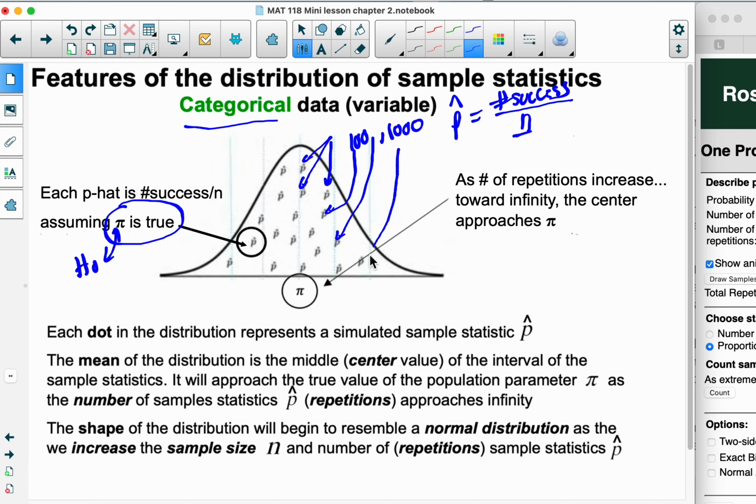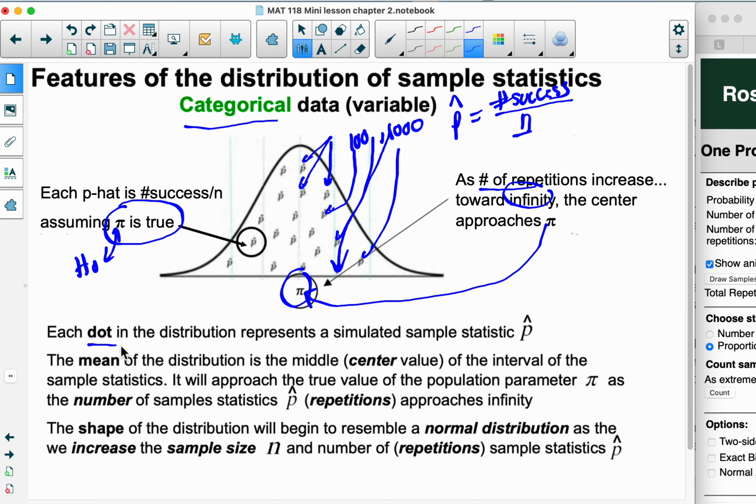As we repeat this over and over again, as the number of p-hats increases towards infinity, the center of our distribution is going to become closer and closer to this pi value that we enter into the simulated distribution.